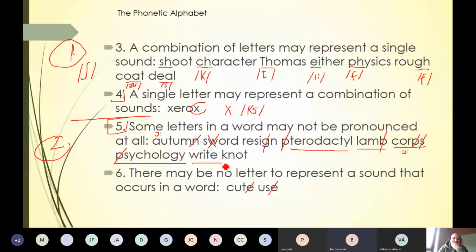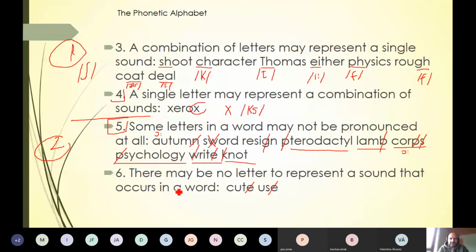The E. The E. And the W. And the W, perfect. What about the last one? K. The K. Exactly, not. So that's another thing that we need to consider. In the English language, some letters are not pronounced. Okay, so that it's a very interesting feature of this language.